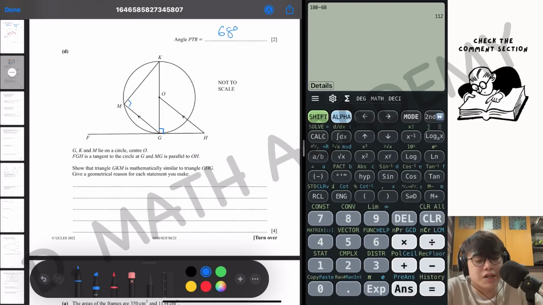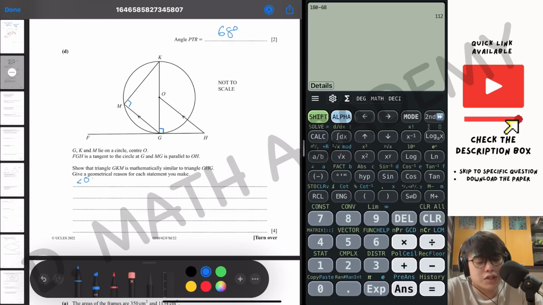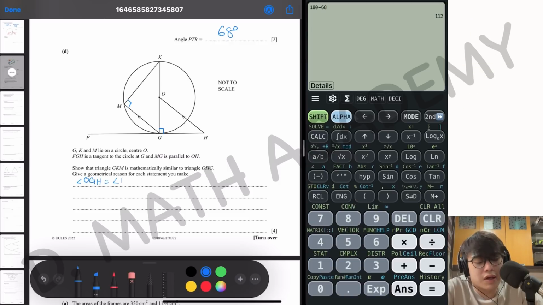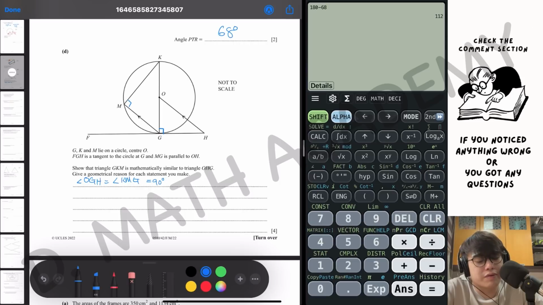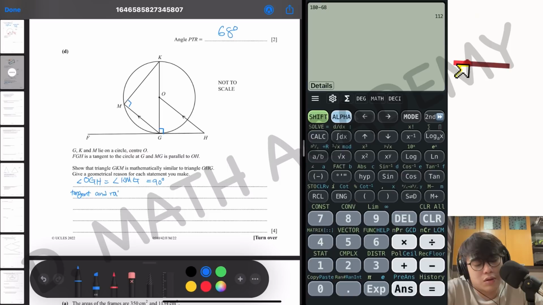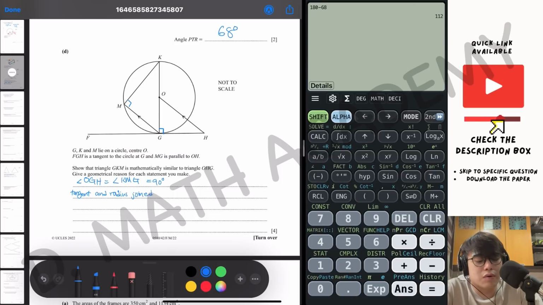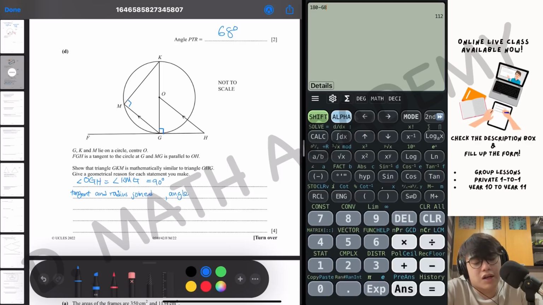So you can mention that our angle OGH equals angle KMG. The reason behind it is they are 90 degrees. For one of them, the reason was tangent and radius connected. And for KMG, the reason was angle from the diameter or alternate segment theorem.